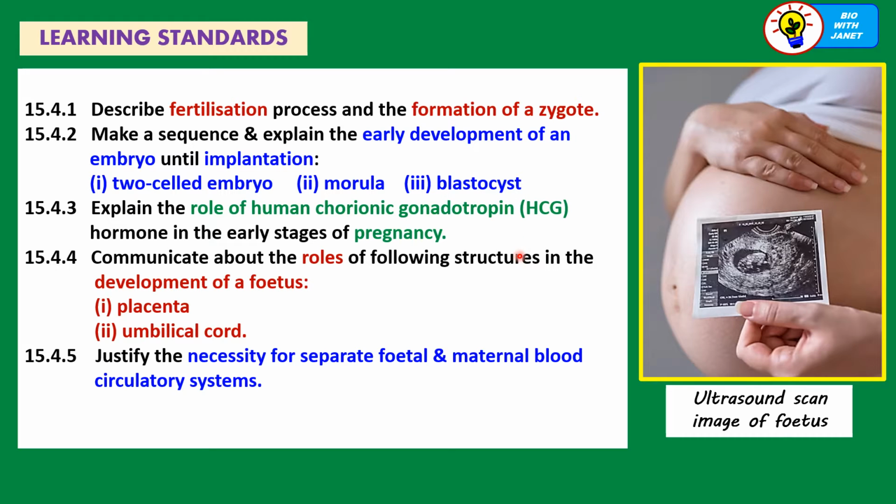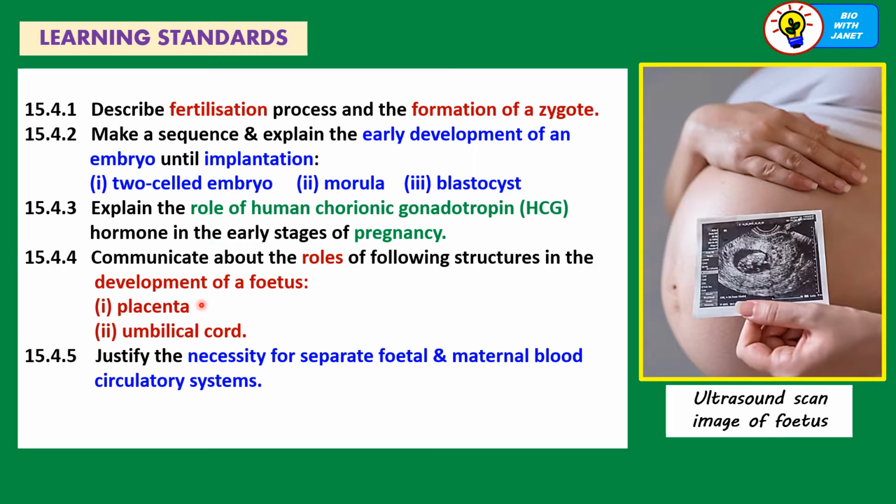Number three, explain the role of the human chorionic gonadotropin hormone, HCG, in the early stages of pregnancy. So this is an important hormone produced in the early stages of pregnancy, HCG. Fourthly, we'll communicate about the roles of the following structures in the development of a fetus.